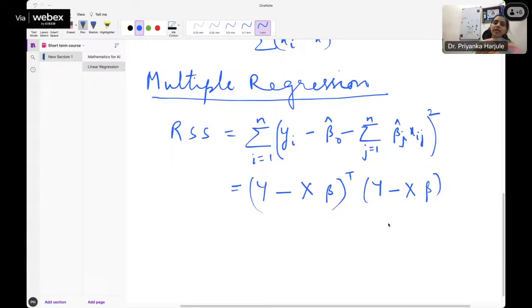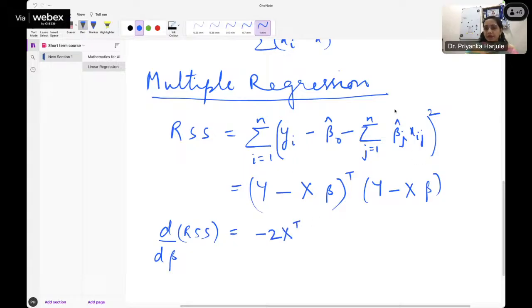So now when we are trying to minimize this RSS, what do we have to do? We have to again take the derivative of the RSS with respect to every beta. And since we are representing it in terms of matrix, we can write the derivative in terms of matrix only.